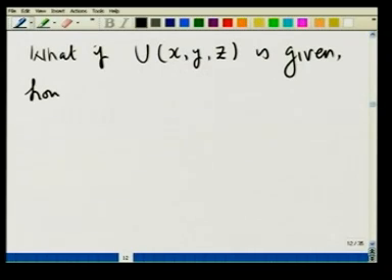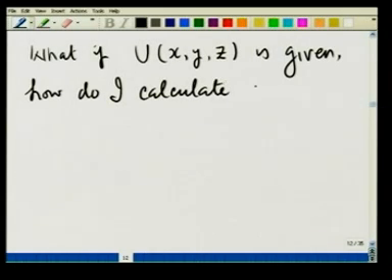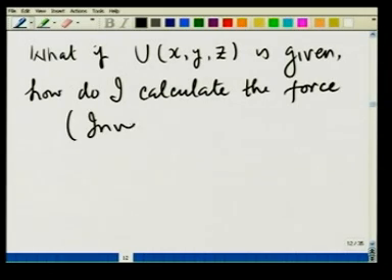How do I calculate the force? If you like, I call this the inverse problem.